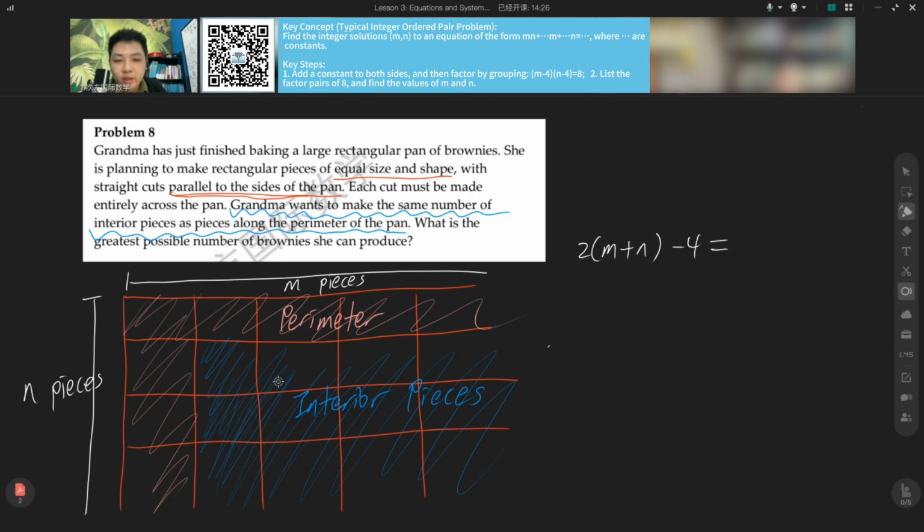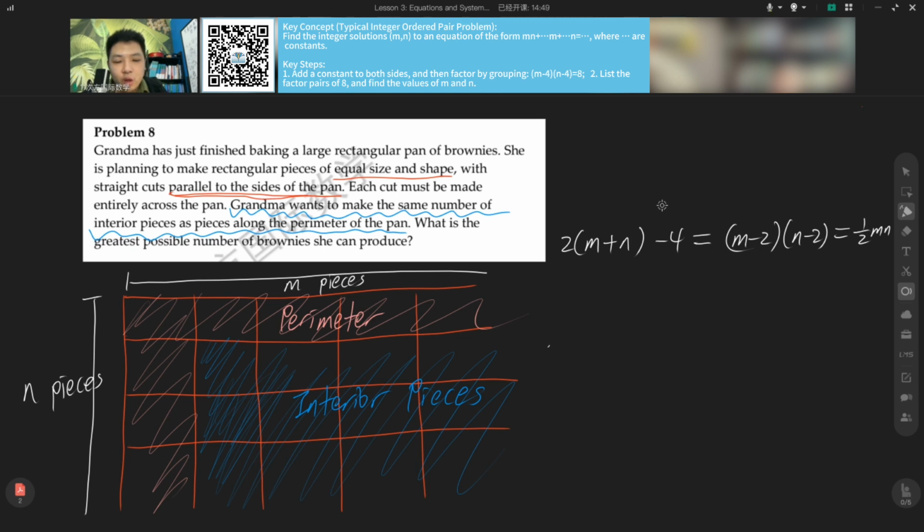And then for the interior, there should be m minus 2 times n minus 2. And of course, for the entire piece of brownies, each of them should be a half of mn.